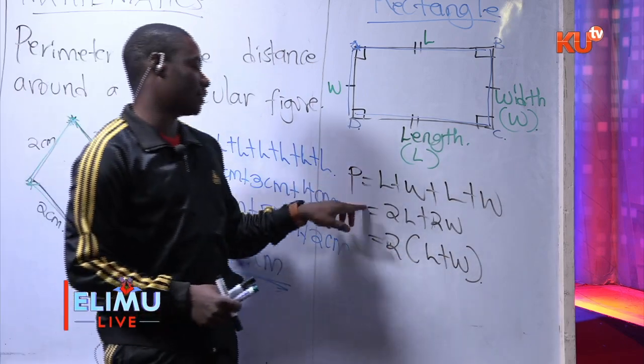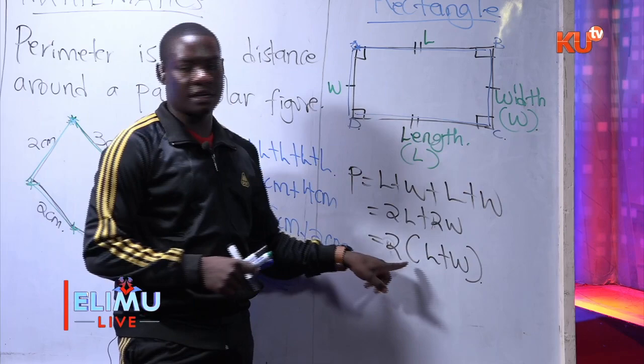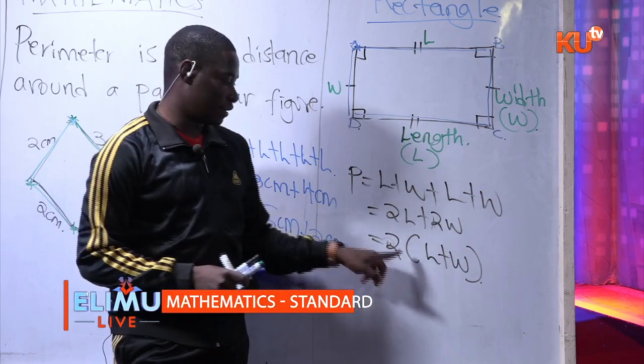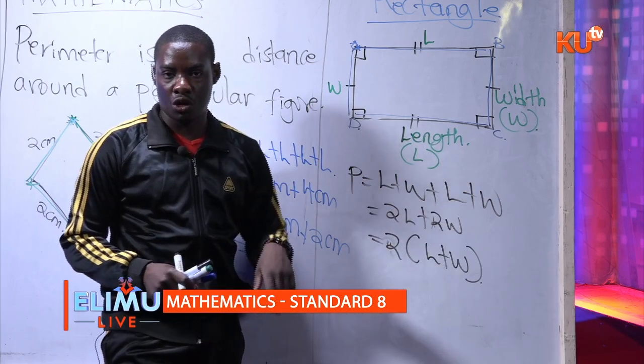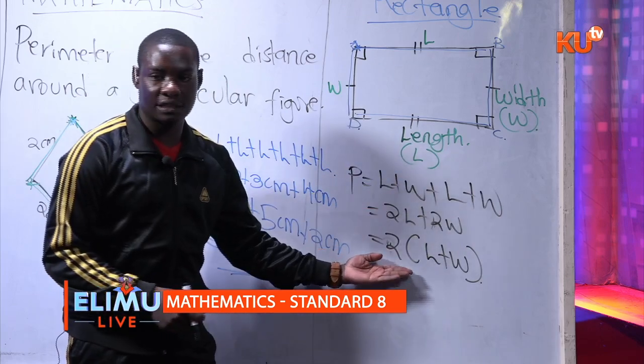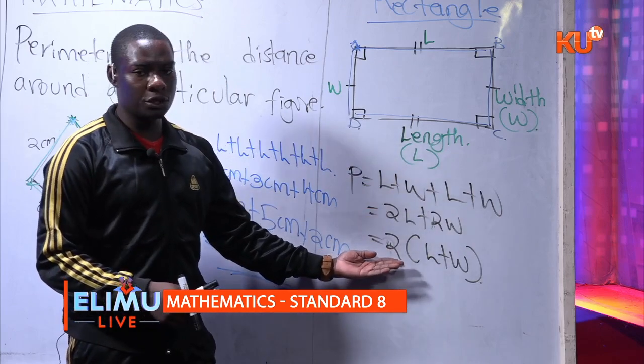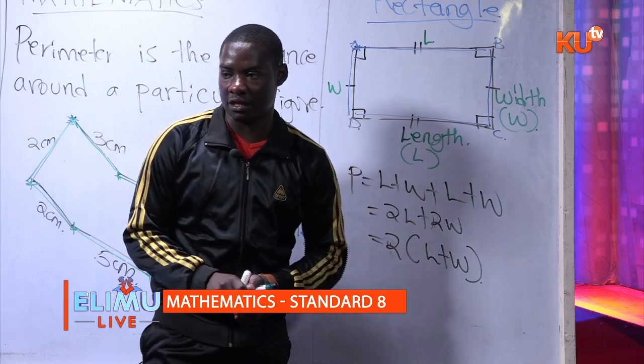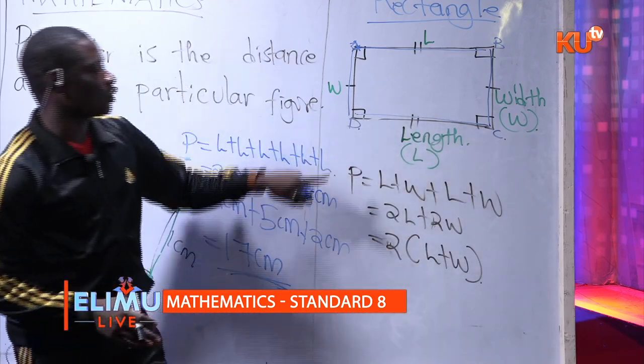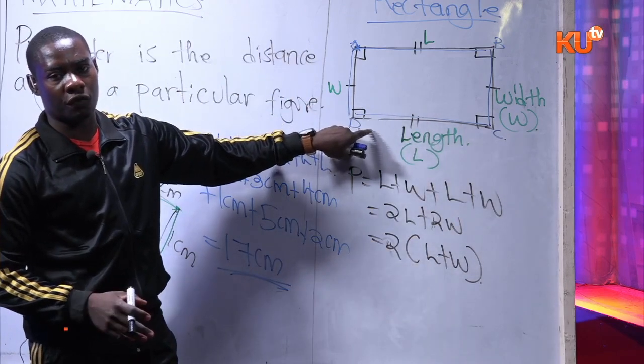I have done this to show you how we are arriving at this formula. That's why I have done the addition. So this addition gives us our formula, which is 2 into brackets length plus width. We use this formula to calculate the perimeter of a rectangle.